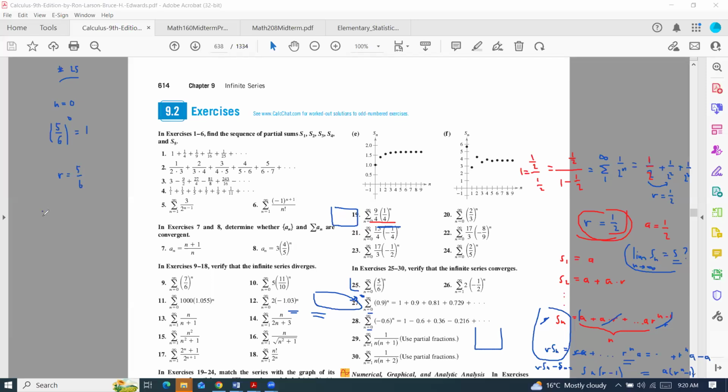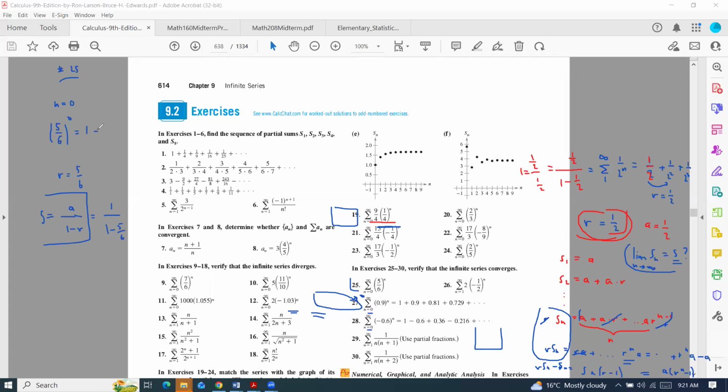And then I can use the formula for geometric series that we just produced that says it's a over 1 minus r. So it's straightforward. a is 1 divided by 1 minus r, which is 5 over 6. So I just plugged into this formula that we justified.